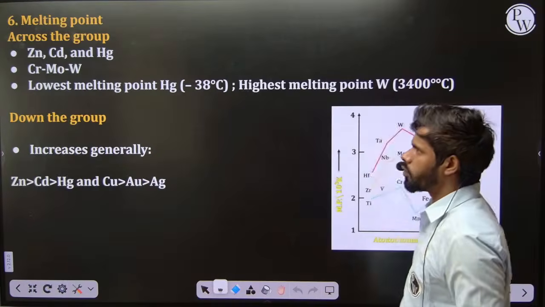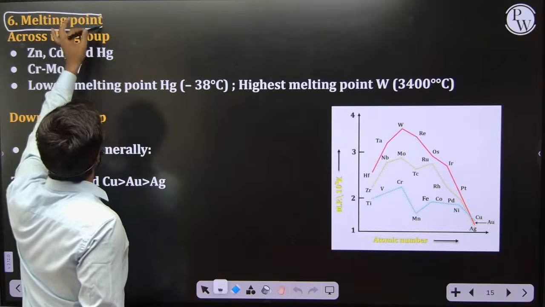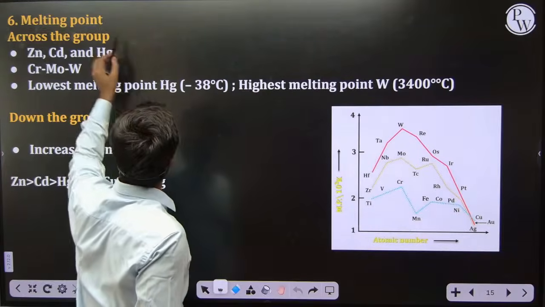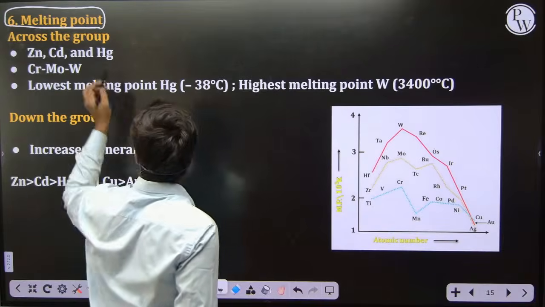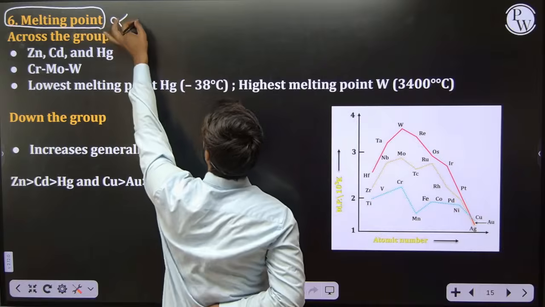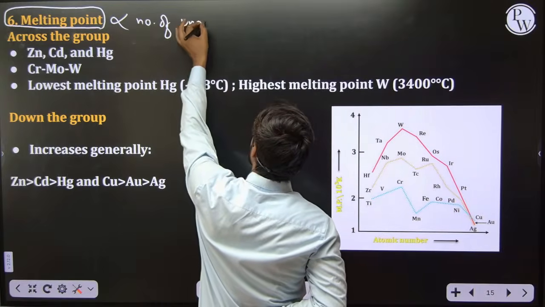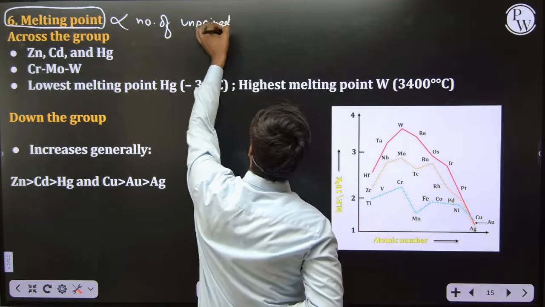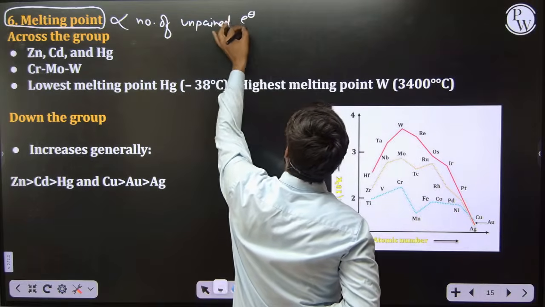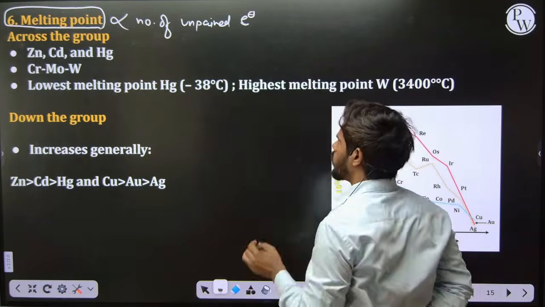Next property of d-block elements is the melting point. Melting point basically depends on the number of unpaired electrons. As the number of unpaired electrons increases, the metallic bonding also increases.